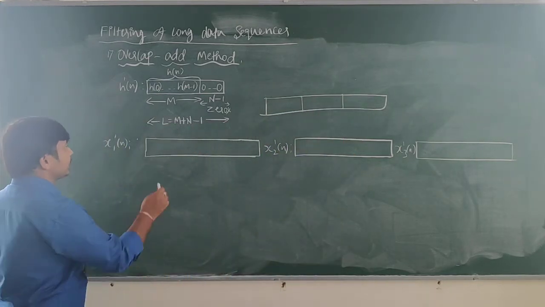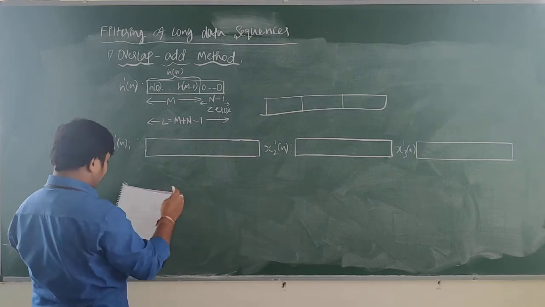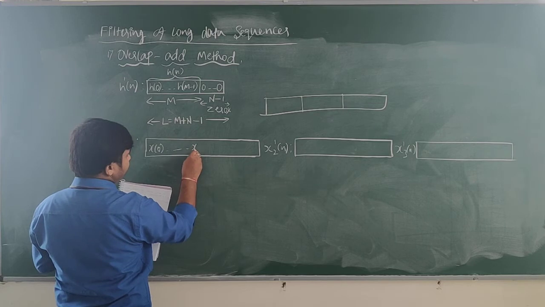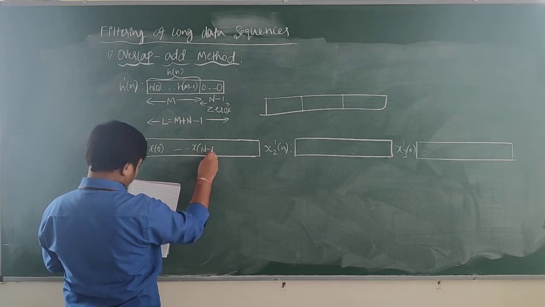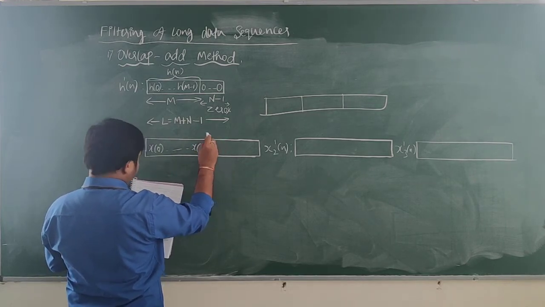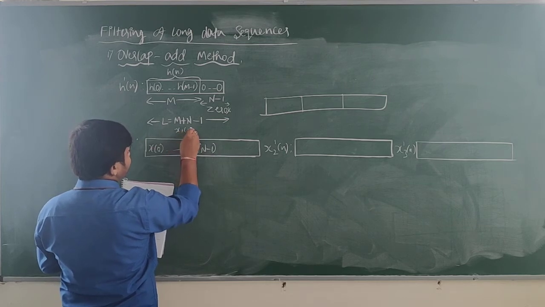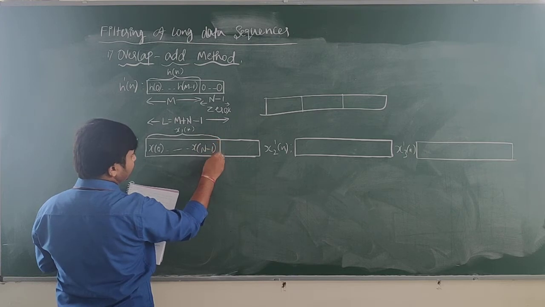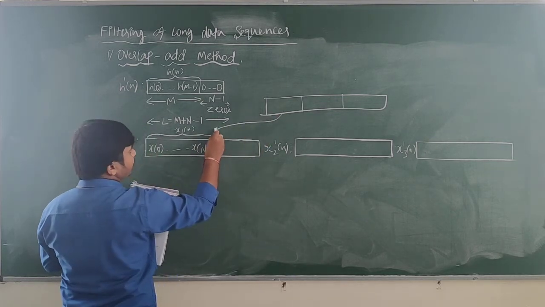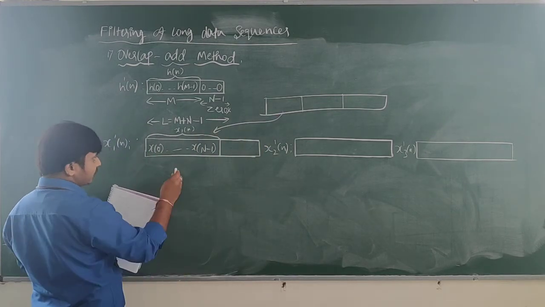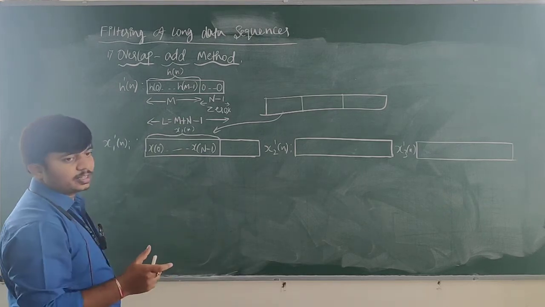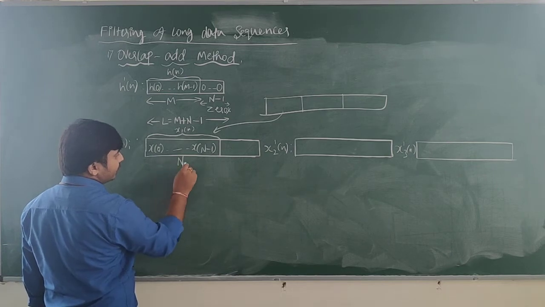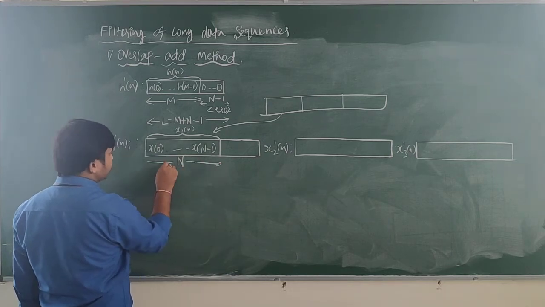Inside these blocks we have a sequence x of 0 to x of n minus 1, and this is the x1 of n sequence. The length of this x of n is n.